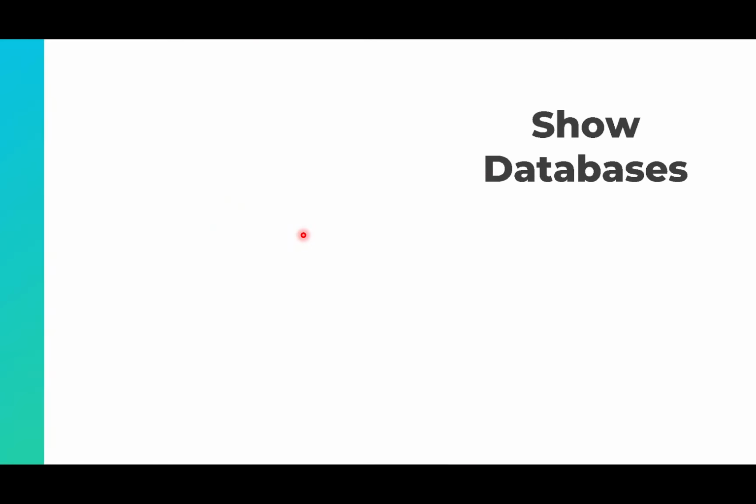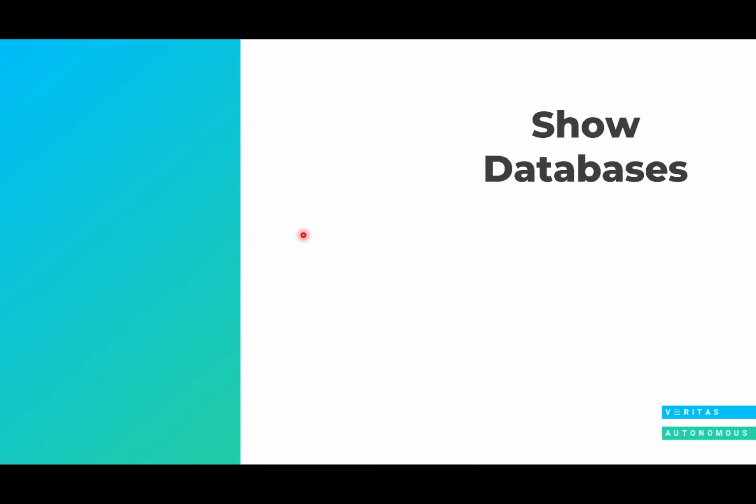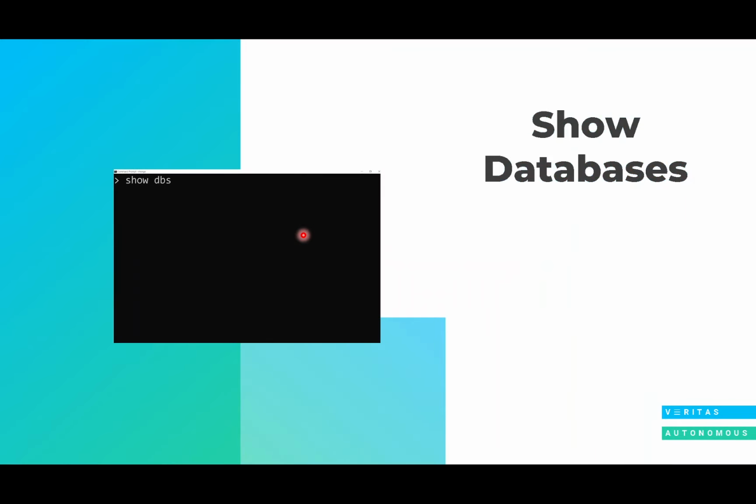First, you can open the command line and type mongo like we did previously, and once you have that prompt, you will see an arrow mark. Now you can type show dbs, and it will list all the databases that are there.